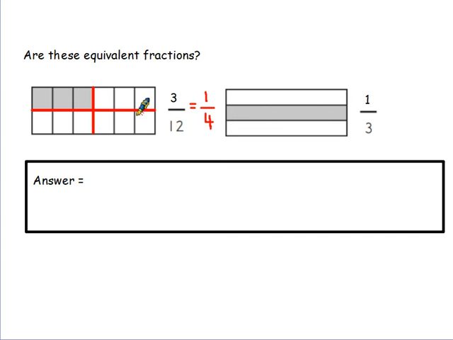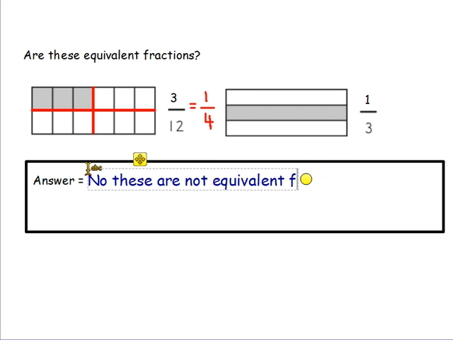Whereas this one, these are not equivalent fractions because here we've only got 1/3, and then we've got 1/4 or 3/12. So these are not equivalent fractions. So I could put no, these are not equivalent fractions.